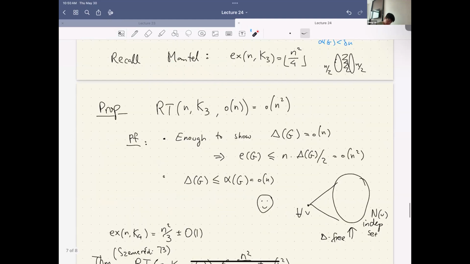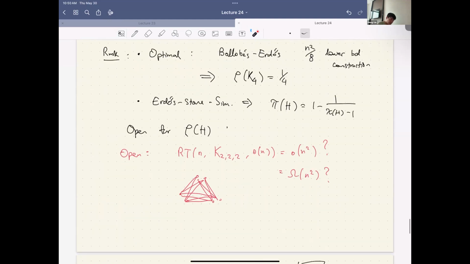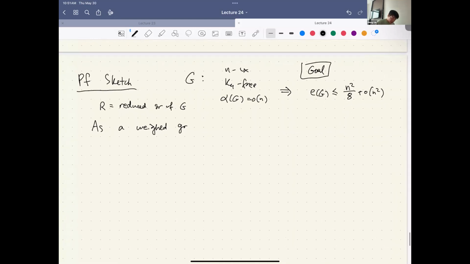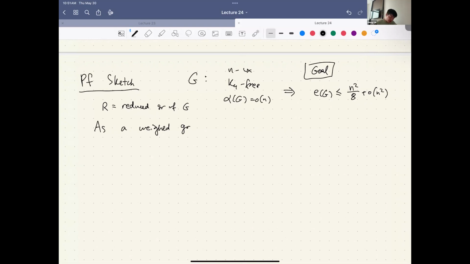In other words, to prove this, as a weighted graph, you do the standard thing: you apply the regularity lemma, and you let R be the epsilon-delta regular reduced graph of G. I don't even want to specify these parameters. Take a regularity partition, and R is the corresponding reduced graph.